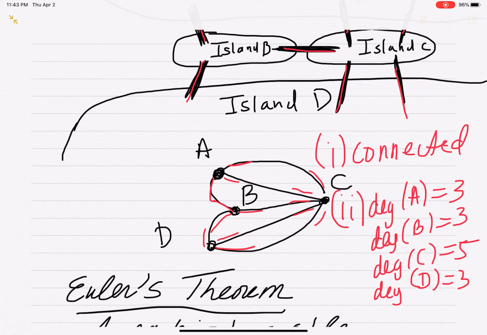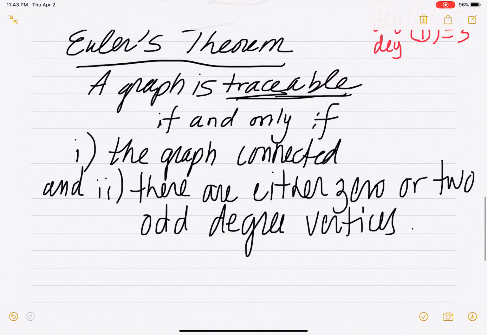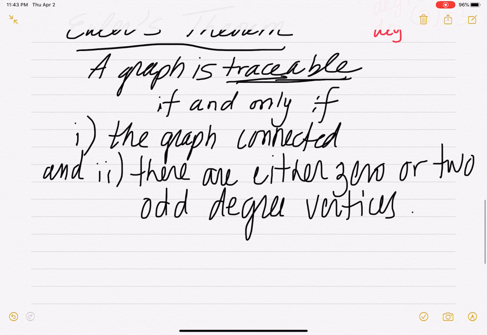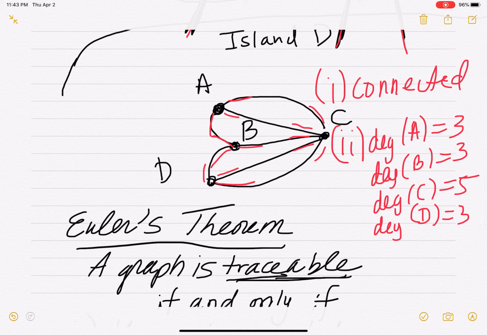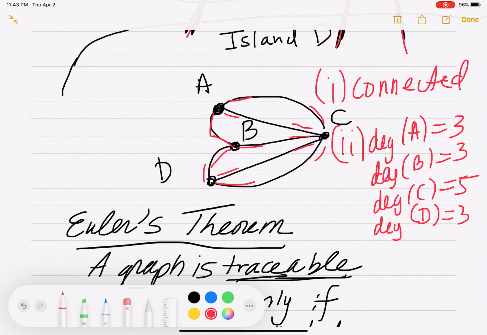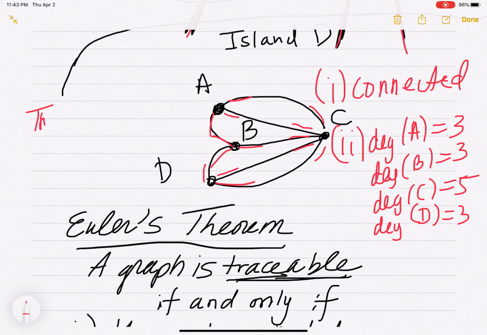The famous result says we either have 0 or 2 of odd degree. So yeah, that's the problem. There are too many of odd degree. So the graph is not traceable.